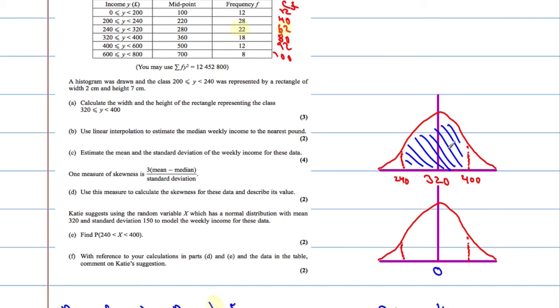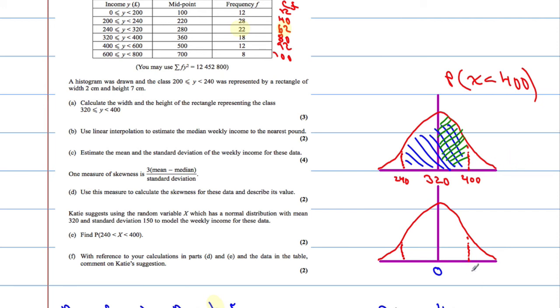So that means that actually I could just work out the probability that x is less than 400, which would tell me everything to the left of 400. So I'm going to include this part. I could take away a half, which would remove this part and leave me with simply this region here. And then if I double my answer, I'm going to get both the blue and the green region. So I'm going to actually head towards working out the probability that x is less than 400.